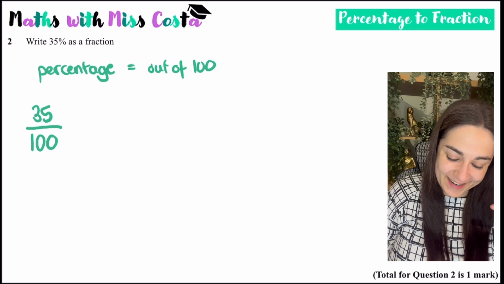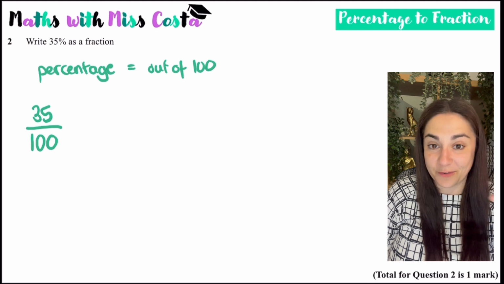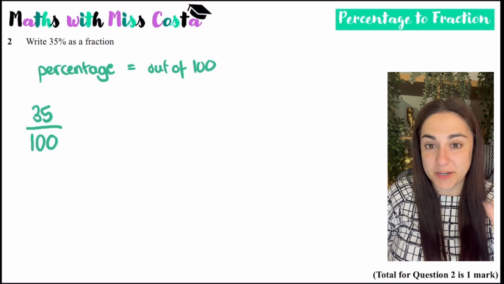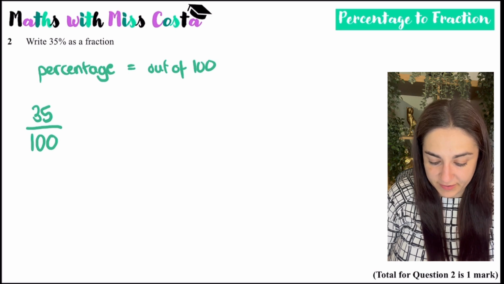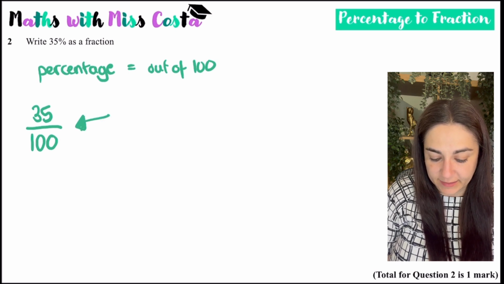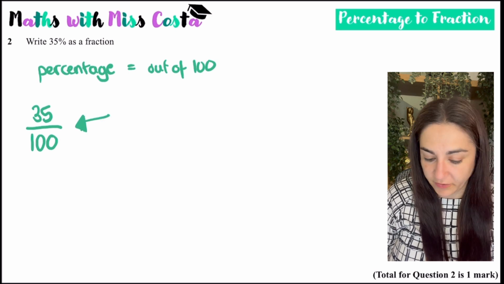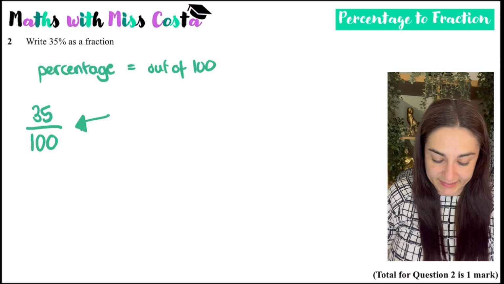To turn a percentage into a fraction, any percentage can be written out of 100. So here I've got 35 out of 100. That's a fraction. It doesn't ask me to simplify it. I could, but I don't need to because it doesn't say write it in its simplest form.